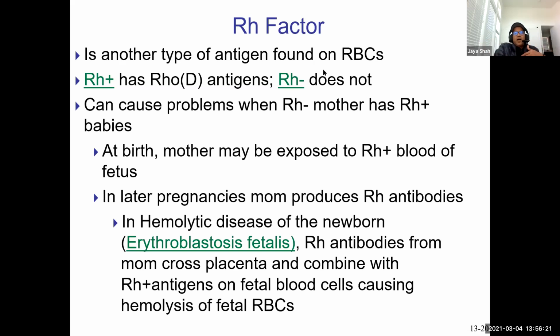This RH antigen is rhesus antigen that was found first in the rhesus monkey. That's why we call them rhesus antigen. If you have B antigen and this antigen too, then you call your blood group B positive. If you have no RH but you have B antigen, that means you are B negative, and so on with all the antigens.